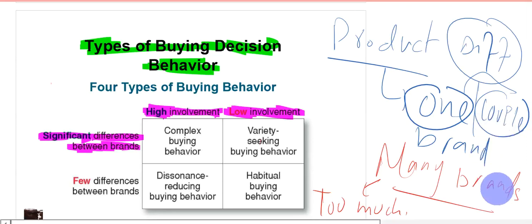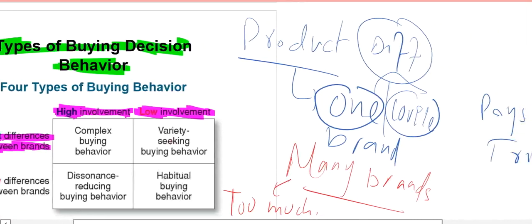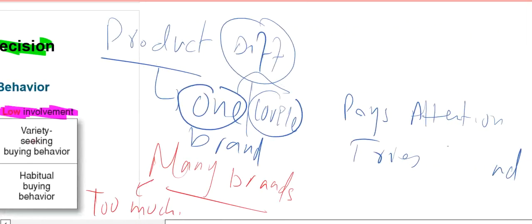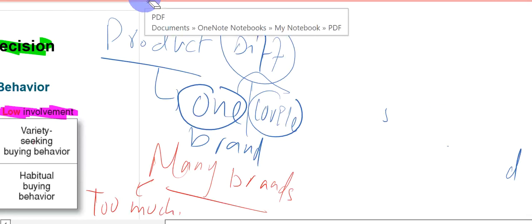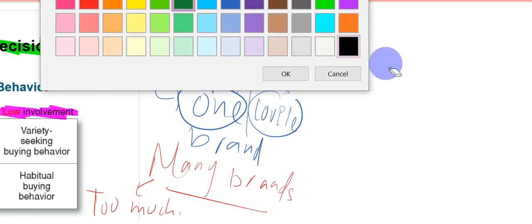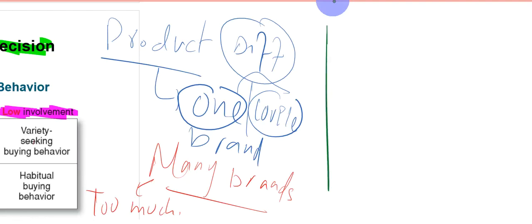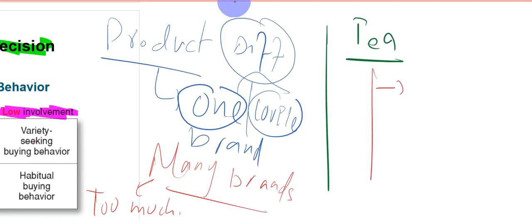Let's have an example of the brands. If a consumer goes to the market to purchase tea, in order to purchase tea, consumers will see that there are so many brands available in the market.